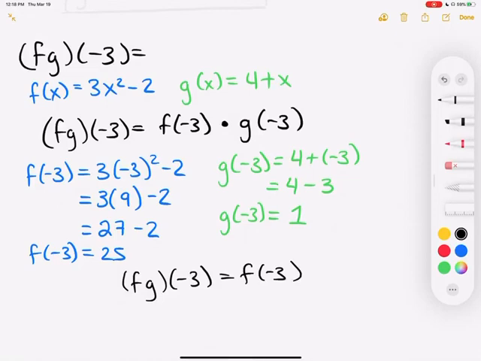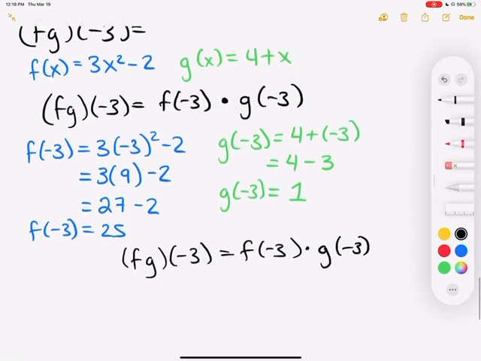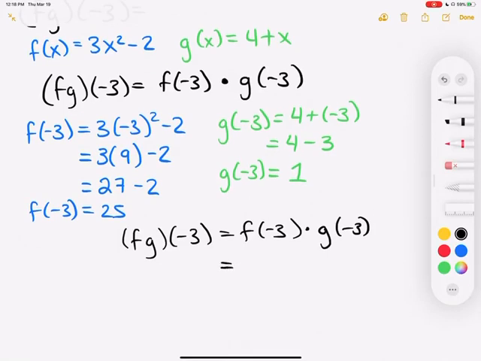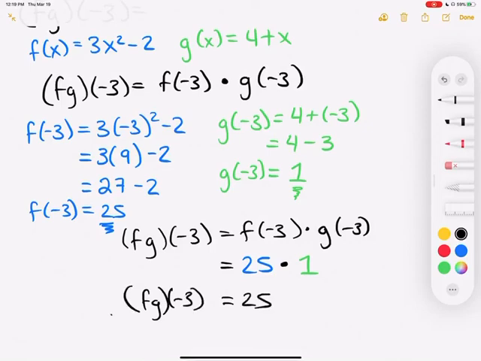So this is f of negative 3 times g of negative 3. So f of negative 3, we defined this to be 25, times g of negative 3, which we defined to be 1. So we can say that fg of negative 3 is equal to 25.